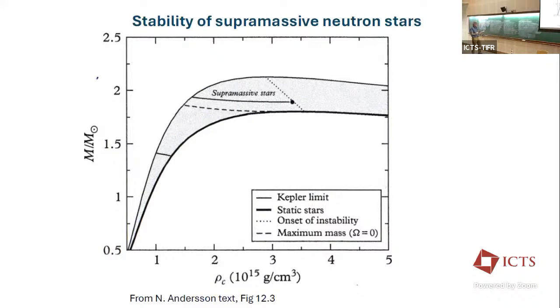Okay, so those are extremes where we push the models to the limits and say, well, what's the most extreme case we could come up with? But what's more relevant to us when we're looking for continuous gravitational waves is what is plausible and reasonably common, not just what nature allows as an extreme.